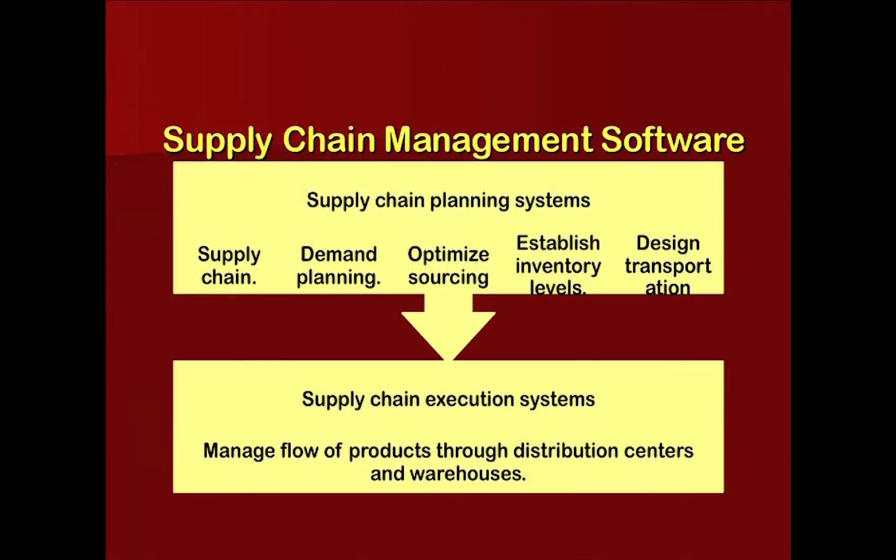Supply chain management software. The supply chain planning systems basically design the supply chain: demand planning, optimizing sourcing, establishing inventory, designing transportation. Supply chain execution systems manage the flow of materials and products through distribution centers and warehouses.